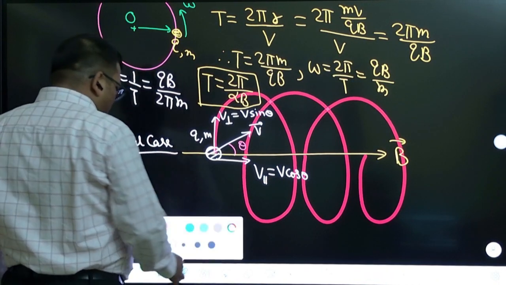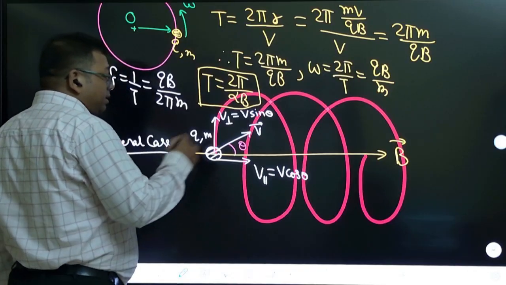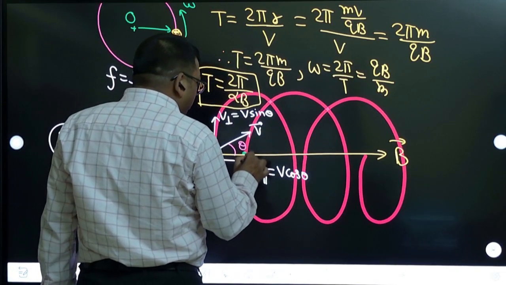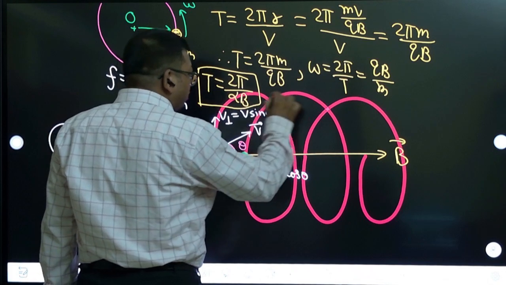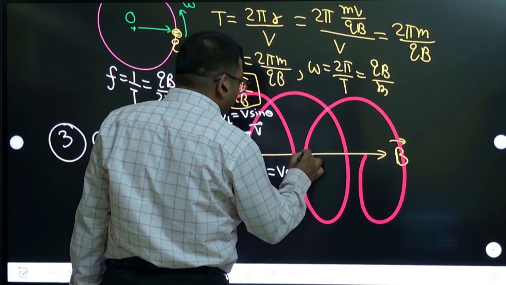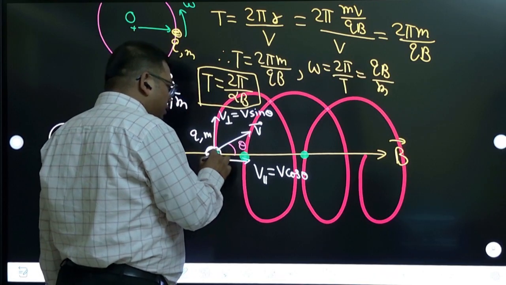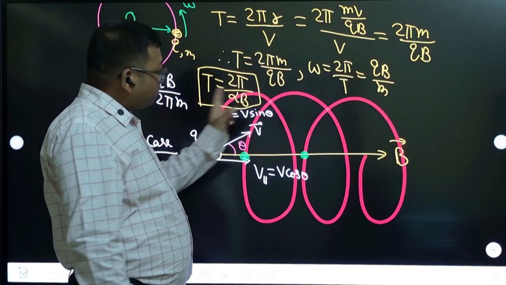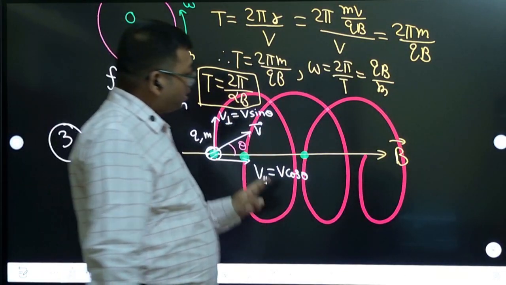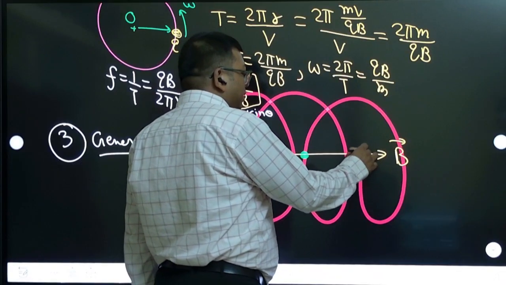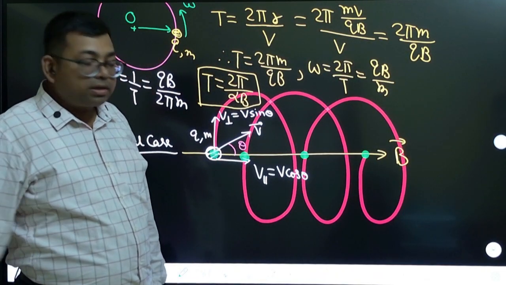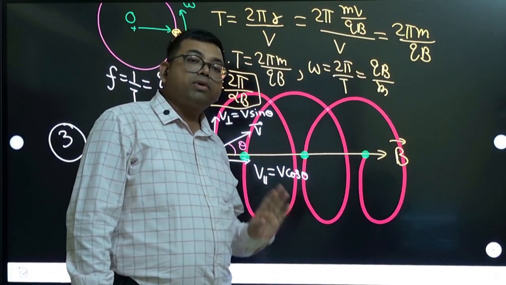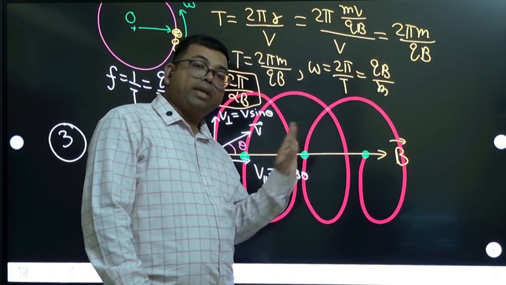Okay, so the particle will go inside, and note that again it will be coming back here, again it is going, again coming back here. So it is going to hit the x-axis because it was projected from the x-axis. It is going to hit the x-axis again and again. So the time when it hits that means it will be completing one circular motion in that plane, right?